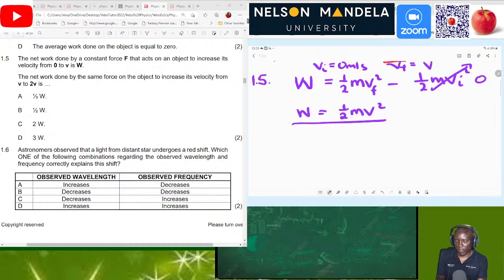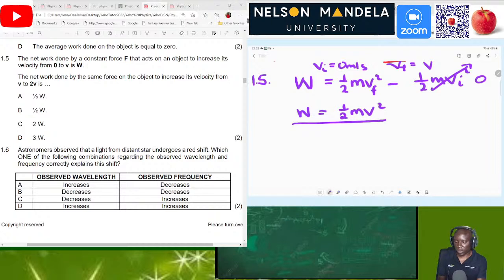So now we want to find the work done, we'll call it unknown work Wx, in changing the velocity from v to 2v.